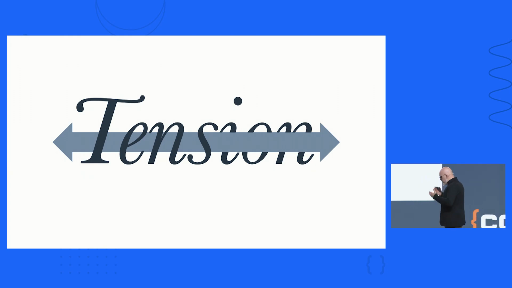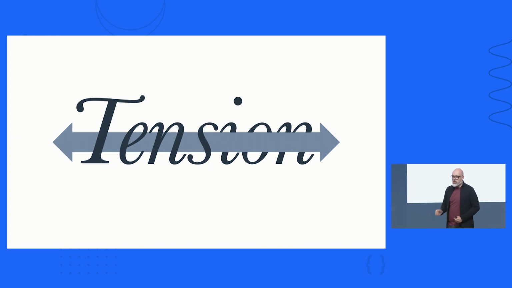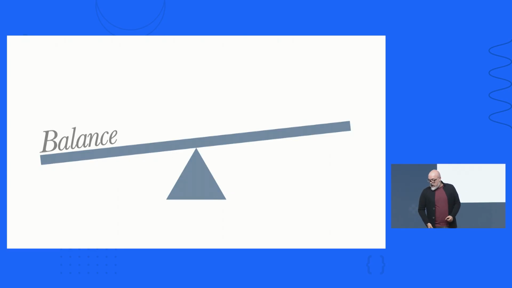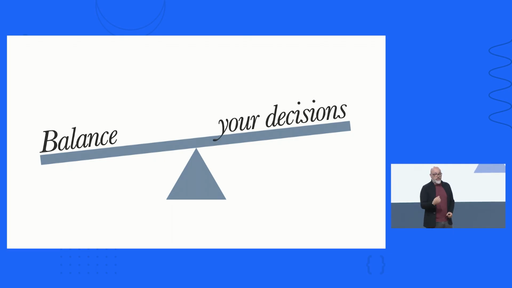And as you have seen in all of this, there is tension, because I never said this is the solution. In the whole presentation, I always showed you trade-offs, only trade-offs, because that is what we need to deal with: uncertainty. When you are thinking about your solution, you need to balance your decision. You need to think about what is the least worst solution that could work here.